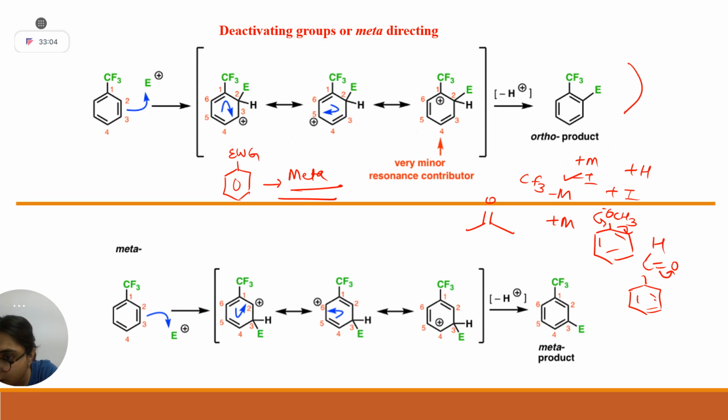For this positive, now it will take electron density from your benzene ring, yes or no? Therefore it is minus M. But CF3 takes electron density via minus I, inductive effect. Because C double bond O can open in this way, C O negative, but CF3 can't. I hope you are getting what I want to explain.